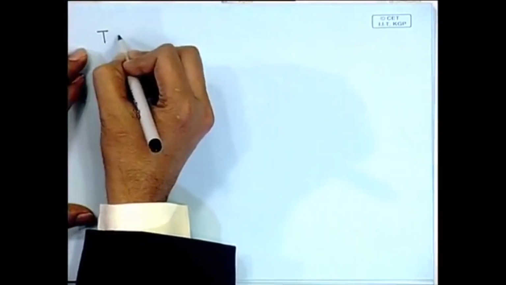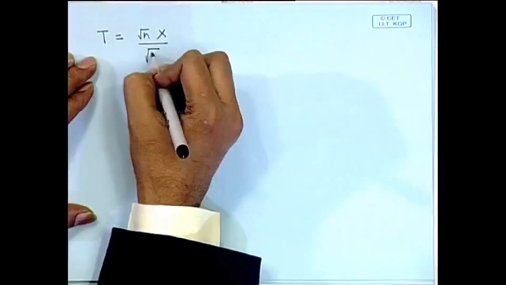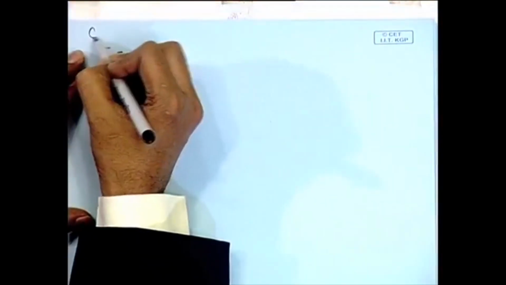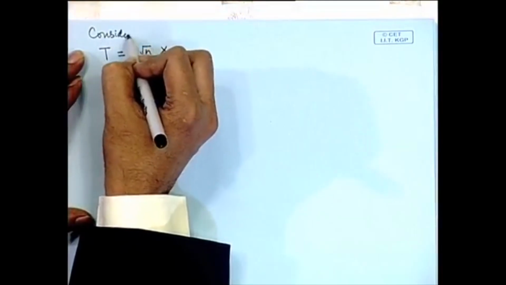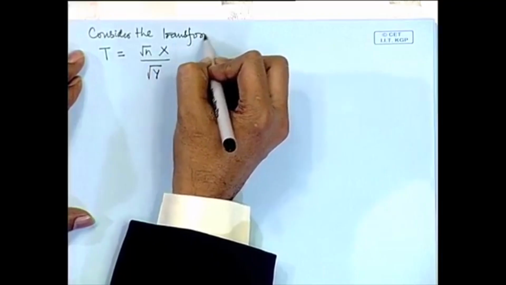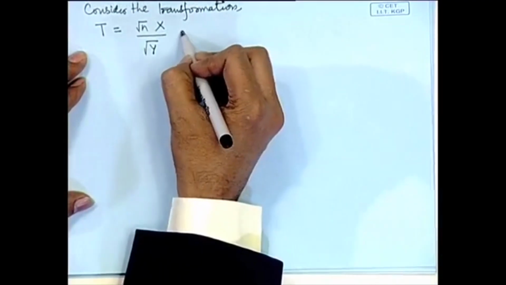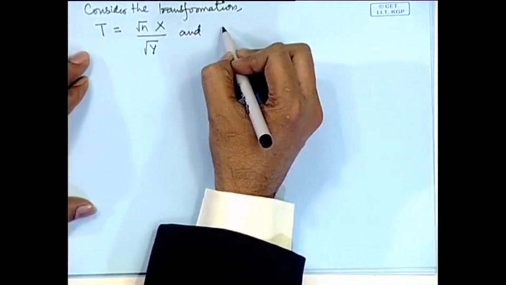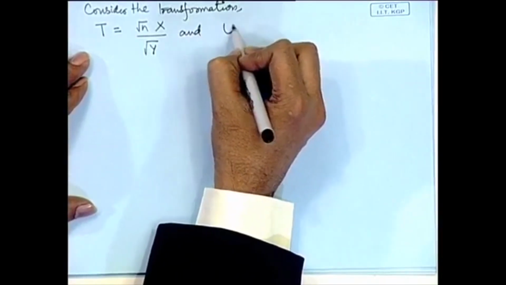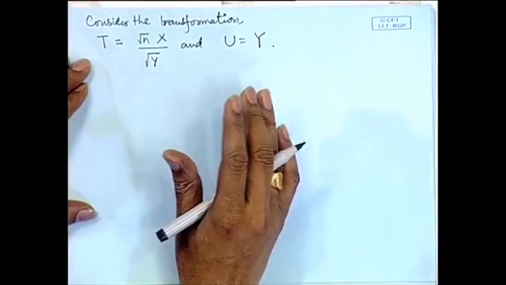So, now we are considering the transformation T is equal to root n X by root Y. So, let us consider this transformation. The second variable we can consider as say U is equal to Y, because we have to consider a one to one transformation, or at least the number of variables should be the same.